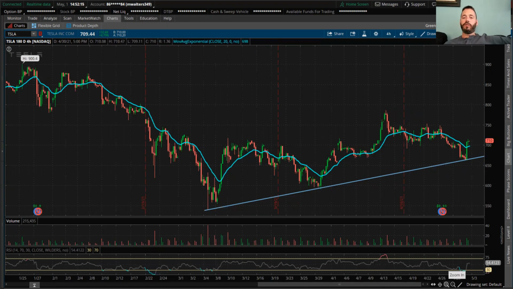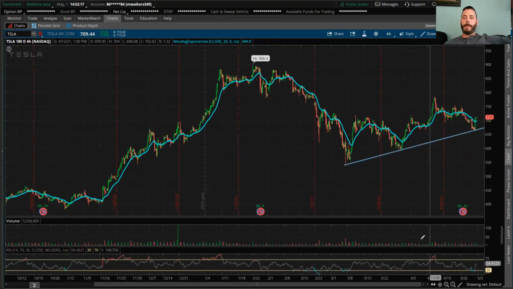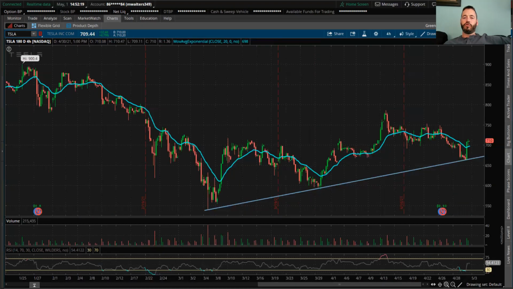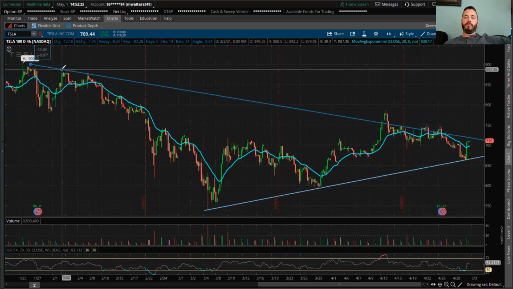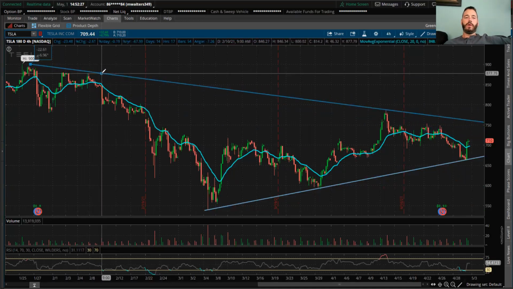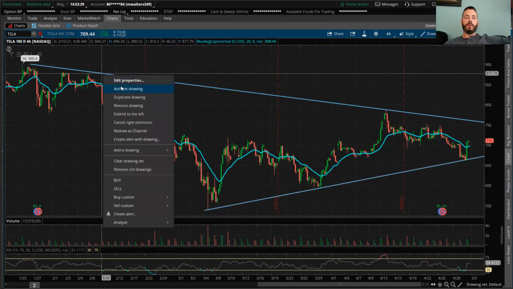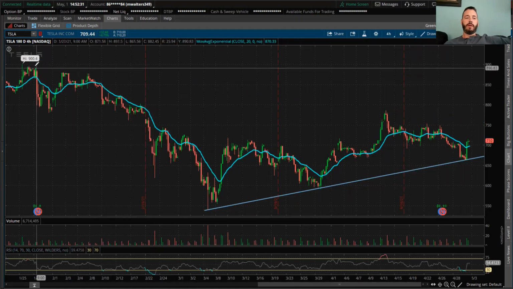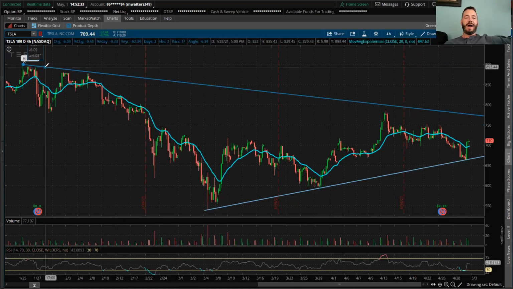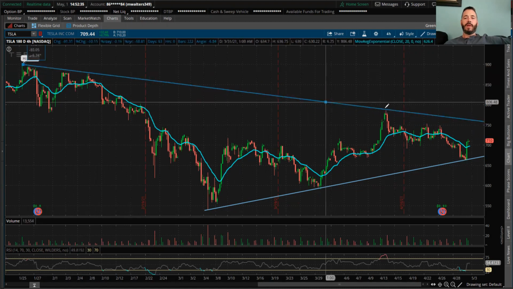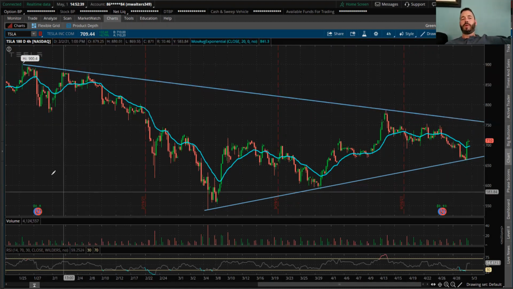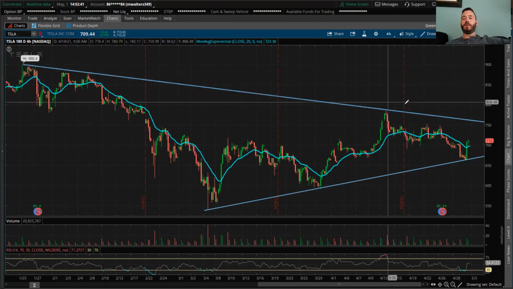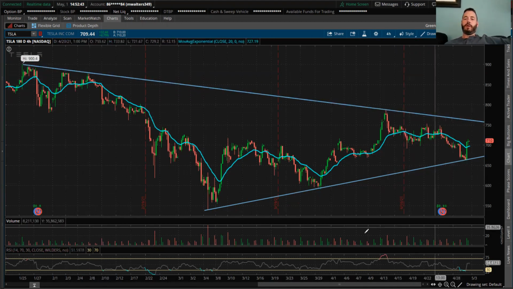And what you can also do with this is you can draw out a trend line from up here now, right off the top. Let me just try to get this a little bit closer. Sorry about that. So you start at the high and you come down. This is now touching 3 times. So you have a touch here, a touch here, and a touch here.